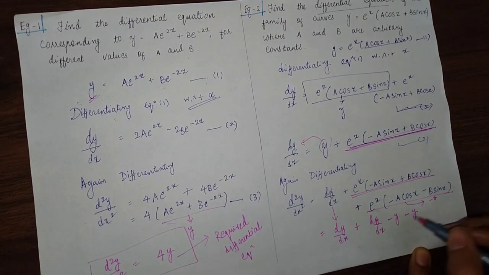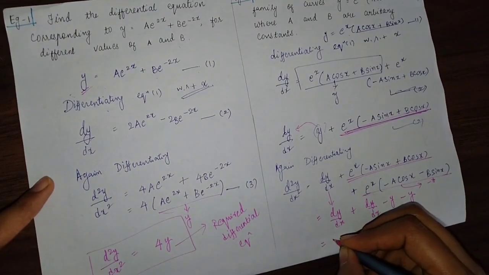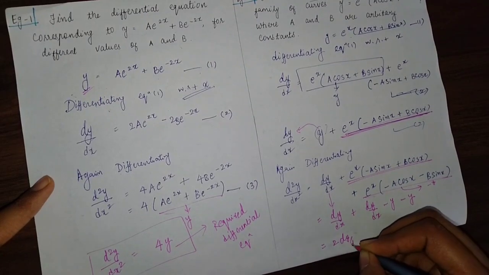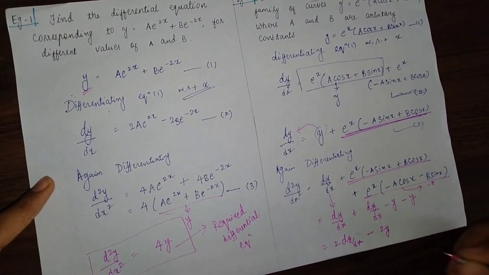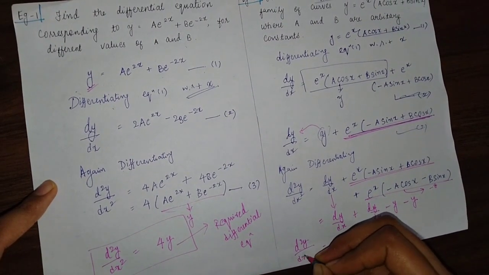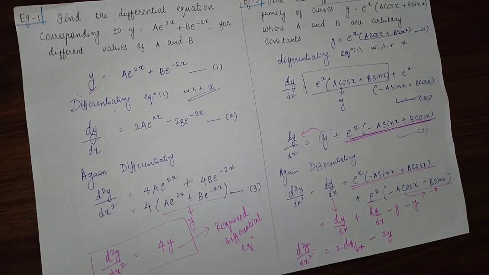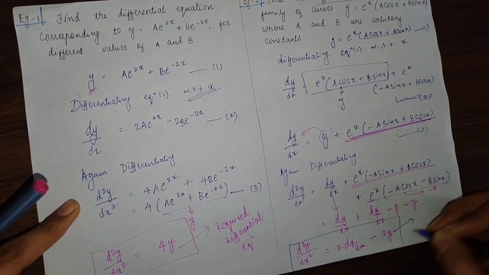So here I can write minus y. Okay. So now you can see what you will get: 2 dy by dx minus 2y. So this is the final answer which you got, that is d square y by dx square. So this is the required differential equation.